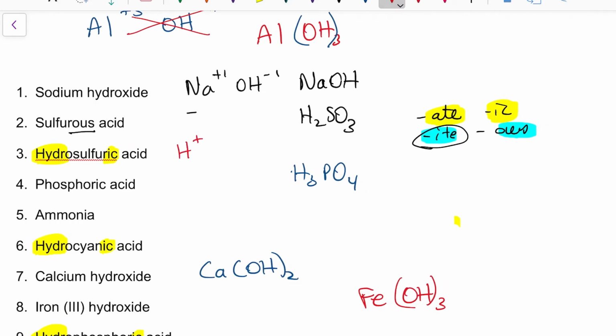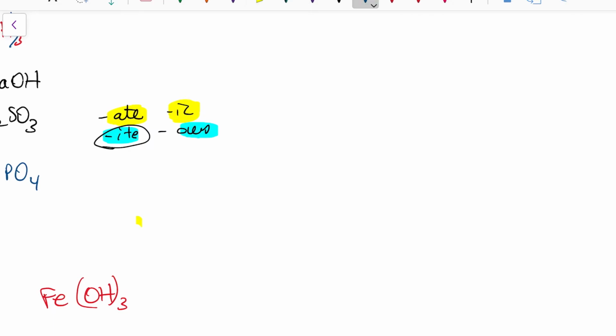Hydro, it's an acid, so it needs at least one H. Sulfur is in group 16, so it has a -2 charge. So I'm going to need 2 of my H's, so this one's going to be H2S, hydrosulfuric acid.